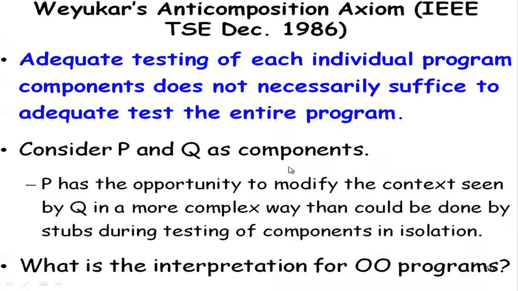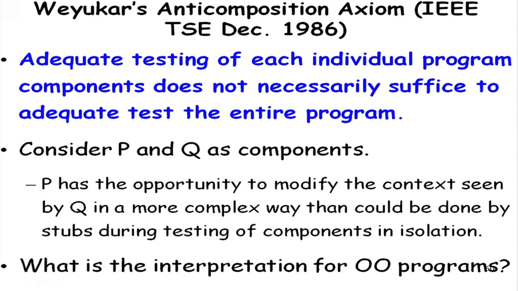If P and Q are components, P has the opportunity to modify the context seen by Q in a more complex way than could be done by stubs during testing of components in isolation, and therefore, as long as P and Q can interact, we need to test them together. So, the interpretation of this axiom for object oriented programs is that we cannot consider methods as units.